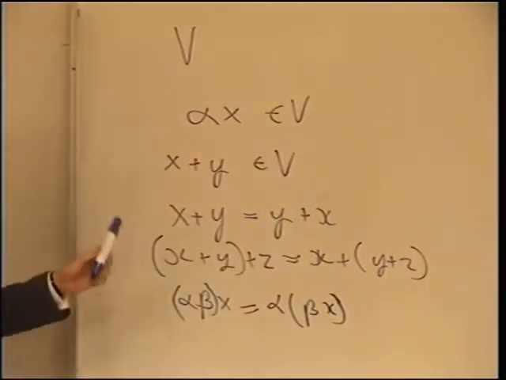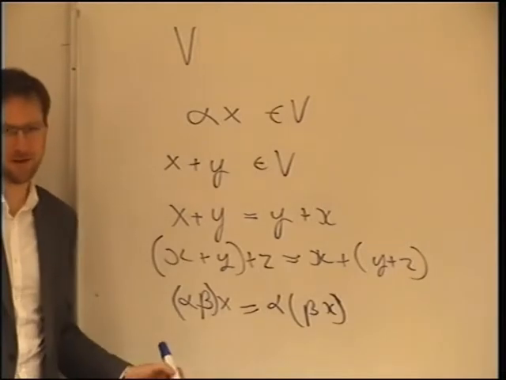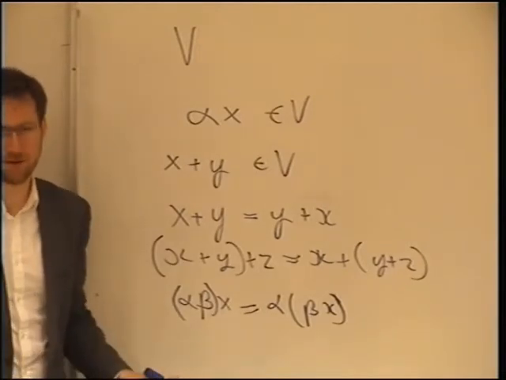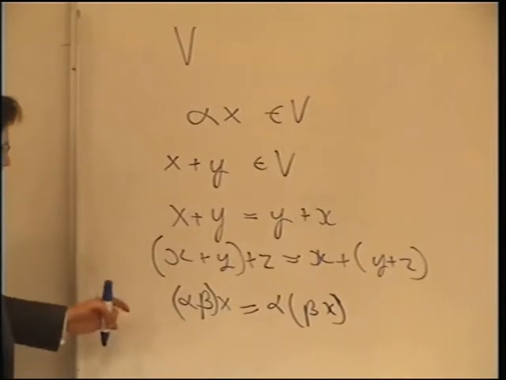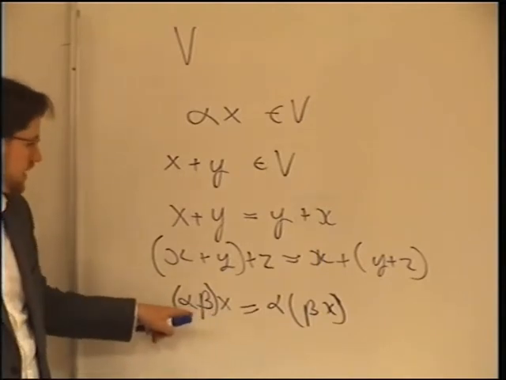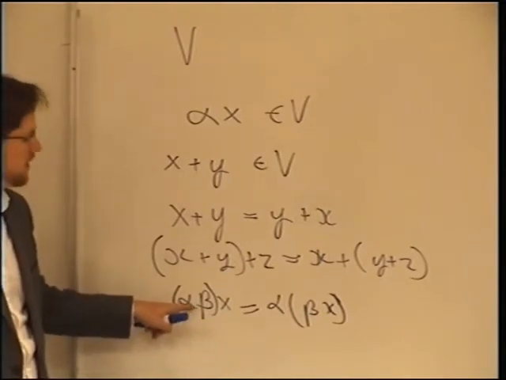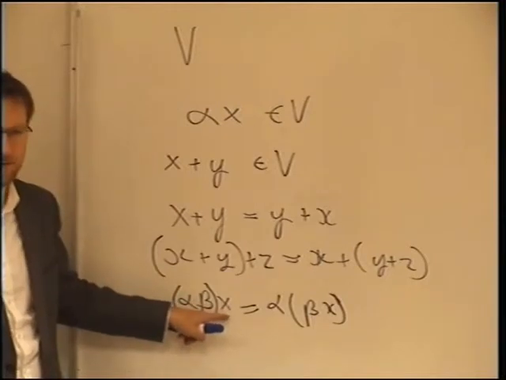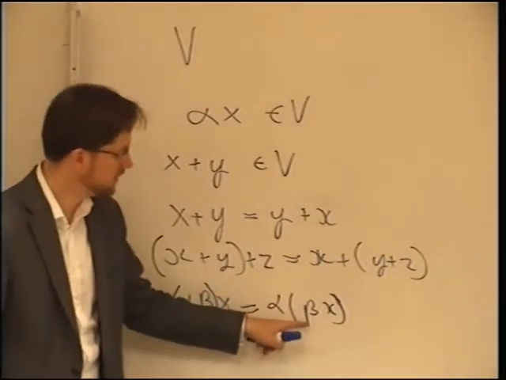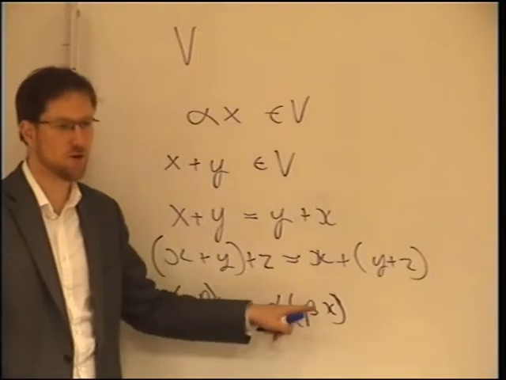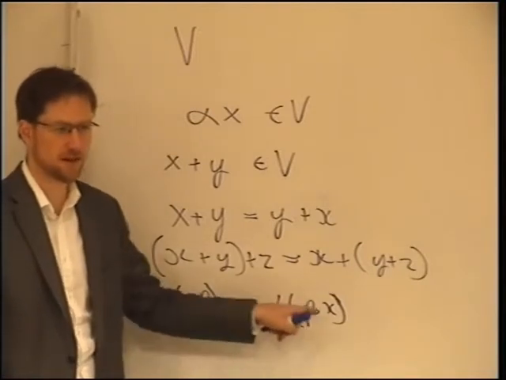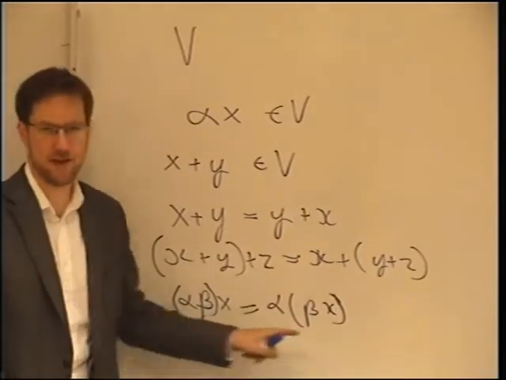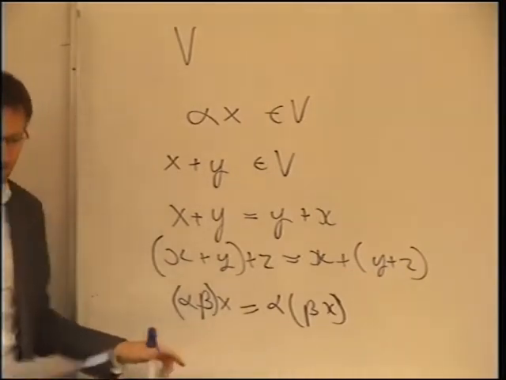If these were just scalars you're multiplying, it would be blindingly obvious. But remember that here I multiply the scalars together, and then apply the scalar multiplication to my vector. Whereas in the other case, I've scaled the vector to get a new vector, and then I scale the new vector. And this is saying that they have to be the same.